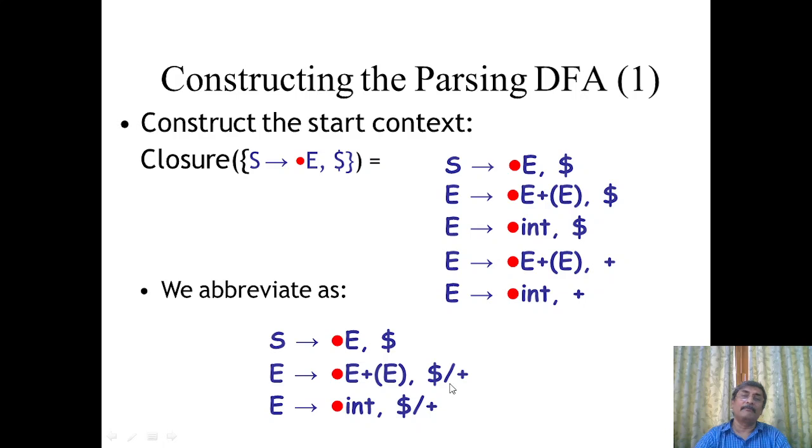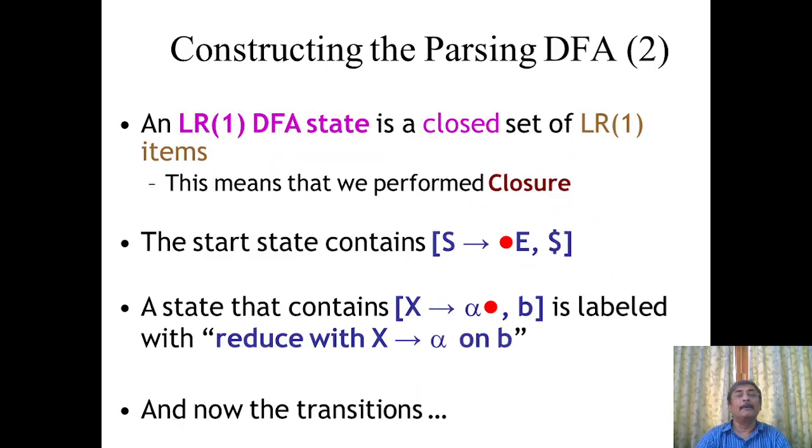Now a bit of very small theory. If I want to construct the DFA for an LR1 parser, it is a closed set of LR1 items. Now what is meant by closure? We have already talked about it. It will be more detailed later on. So the start state contains this particular item, the closure of this particular item.